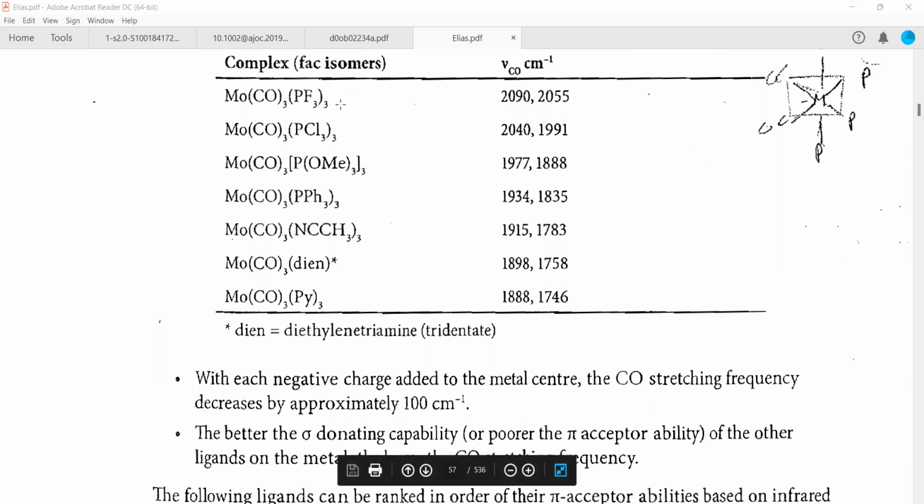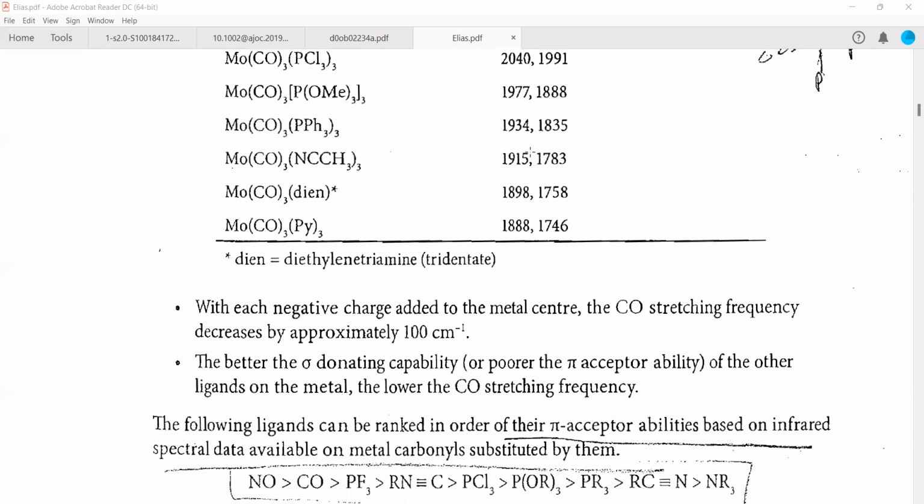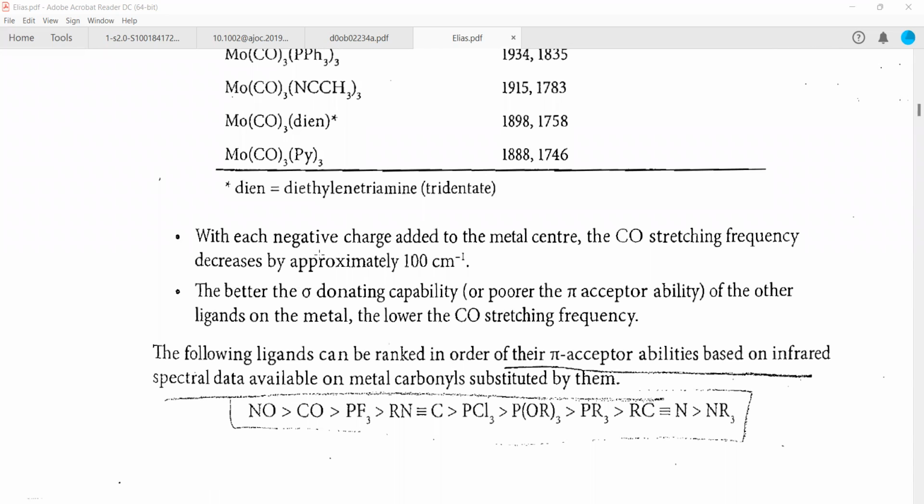But for example, PF3 and all the phosphine ligands are very strong sigma donors, and that is why the stretching frequency is higher. Now, a very important line: with each negative charge added to the metal center, the carbonyl stretching frequency decreases by approximately 100 centimeter inverse.